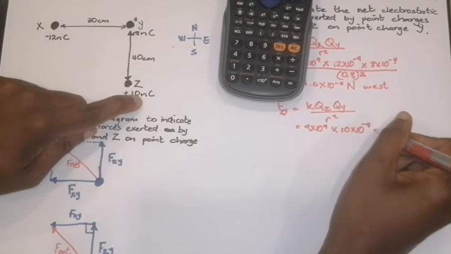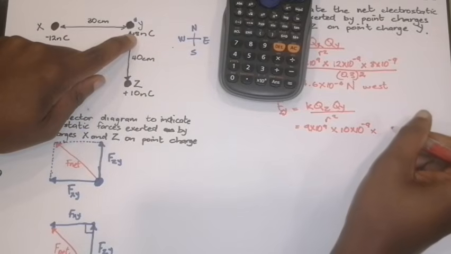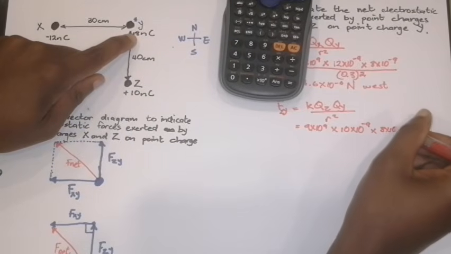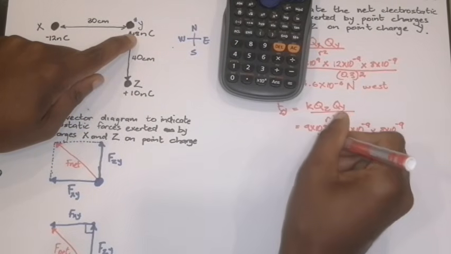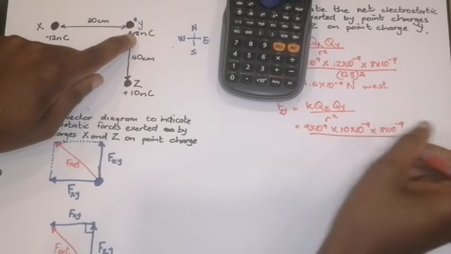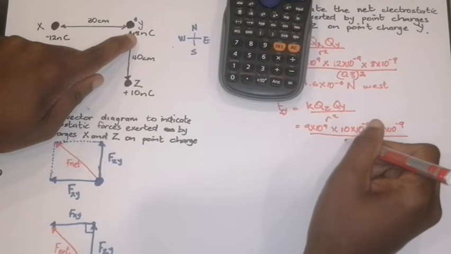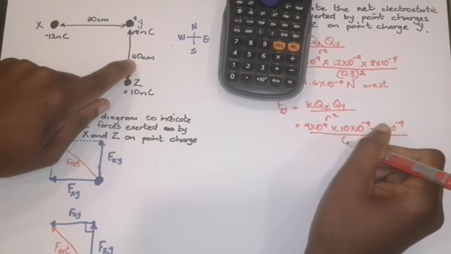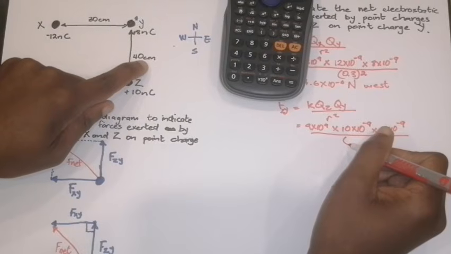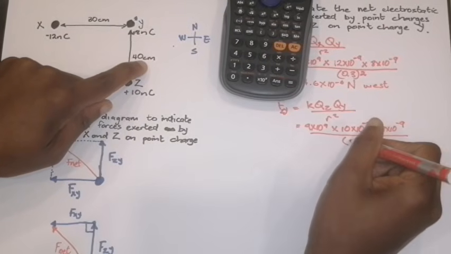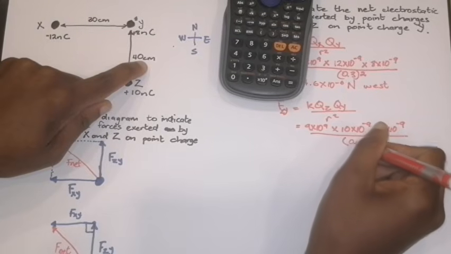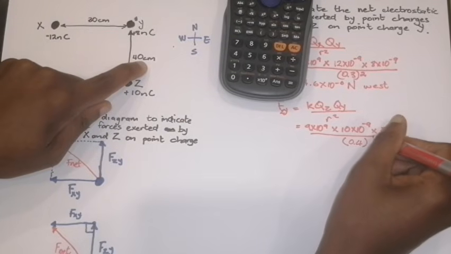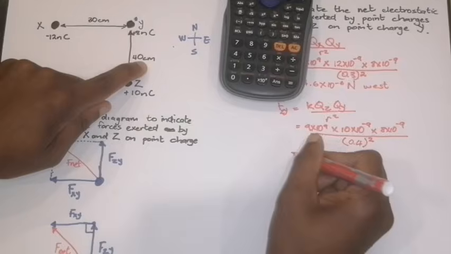Multiplied by the charge of Y, that's 8 times 10 minus 9. I'm going to teach you another trick a little later on. Divided by 40 centi once again, so you divide that by 100. 40 divided by 100 gives you 0.4, and please remember to square that.